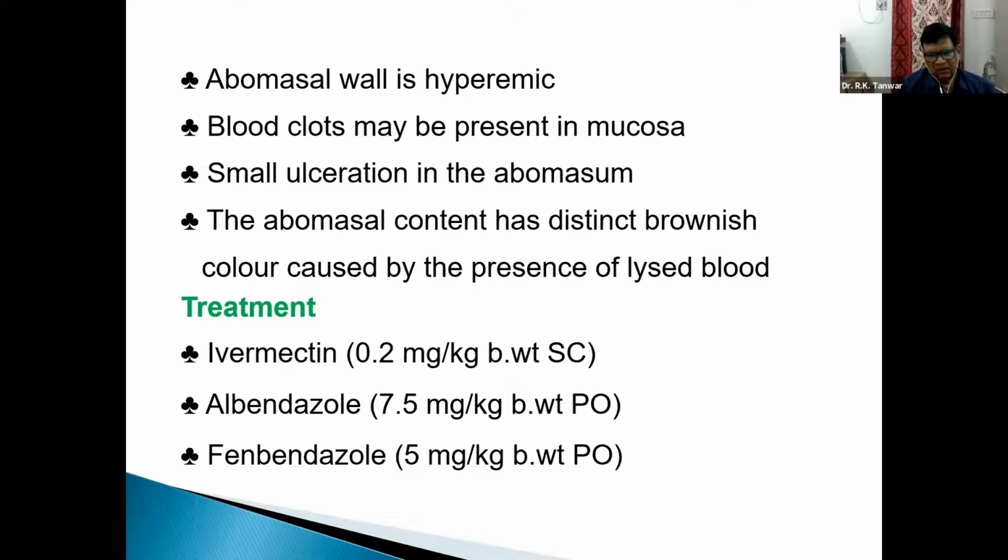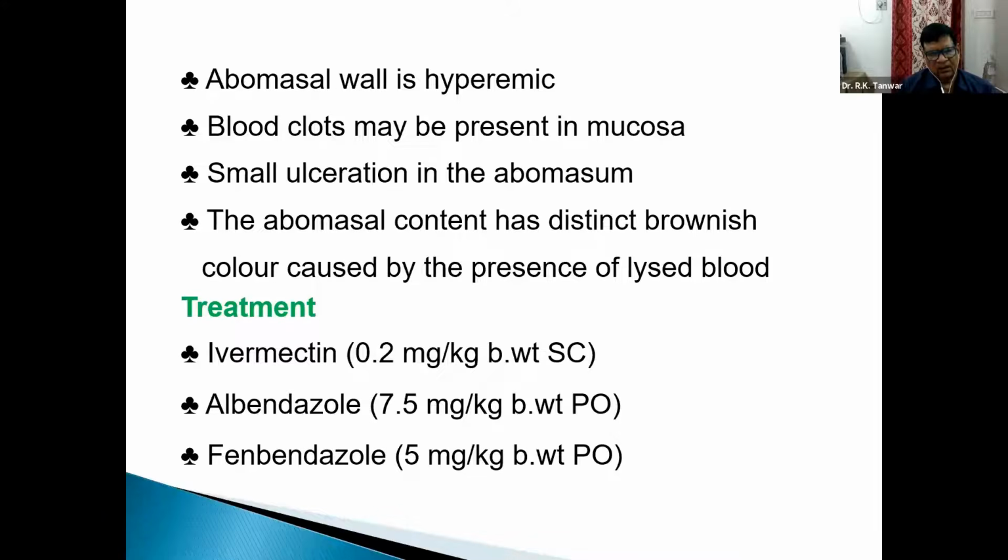But there is one question asked so many times: how many times is deworming done? Generally, for confinement animals, 2 times a year can be done. But some say that deworming should be carried out thrice or 4 times a year, that is before monsoon, after monsoon, and when animals go for grazing.